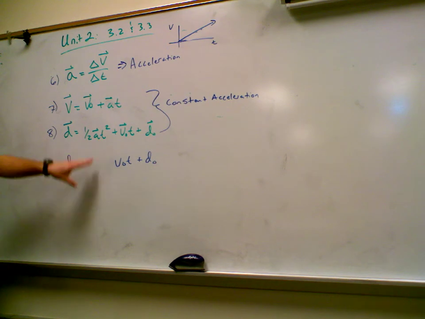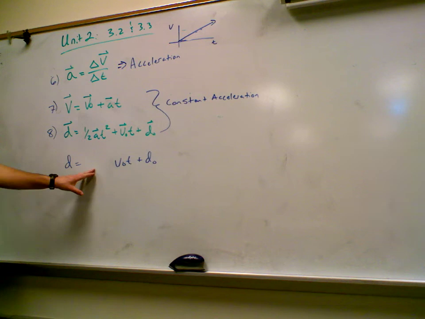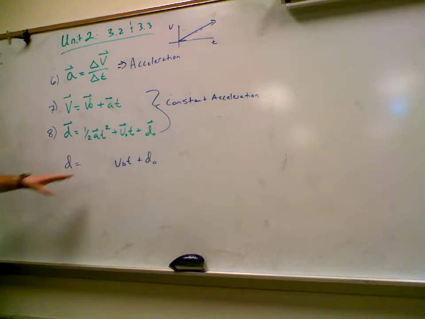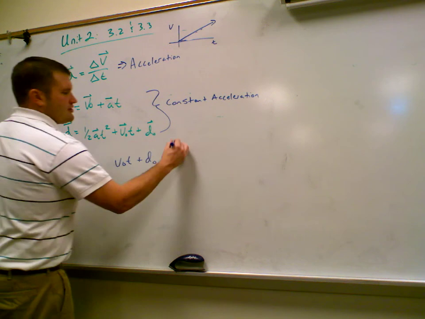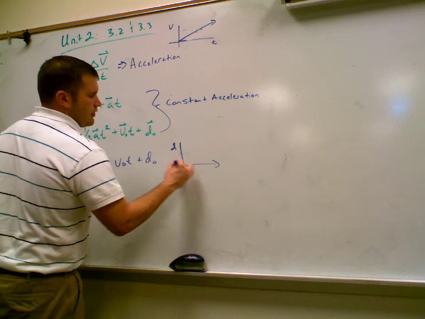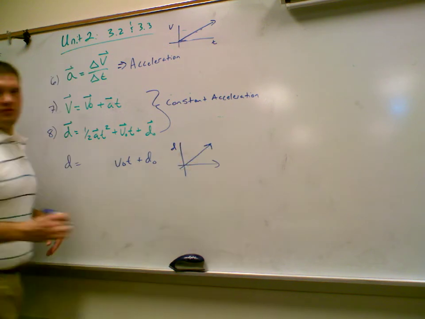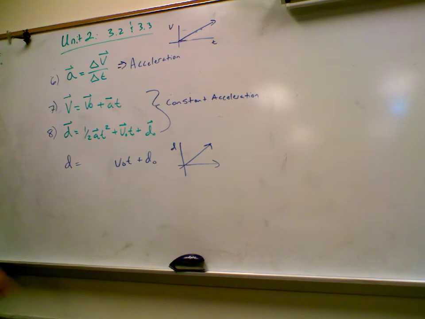Yeah, you could. But in 5, what am I assuming about my acceleration? That it's constant. There isn't any, right? Because in 5, if I make a distance versus time graph, 5 will make a straight line, won't it? So if I have a straight line, is my velocity changing?